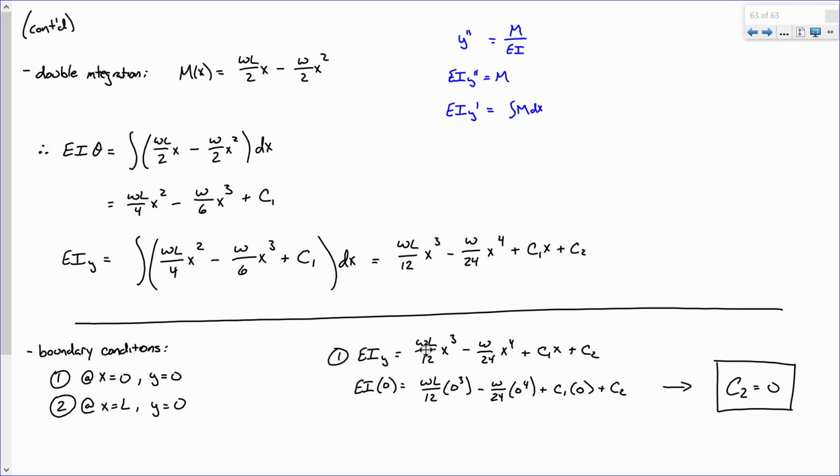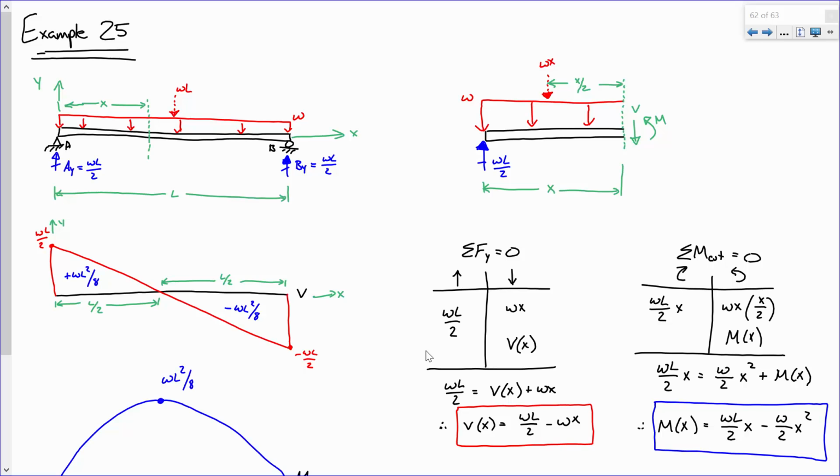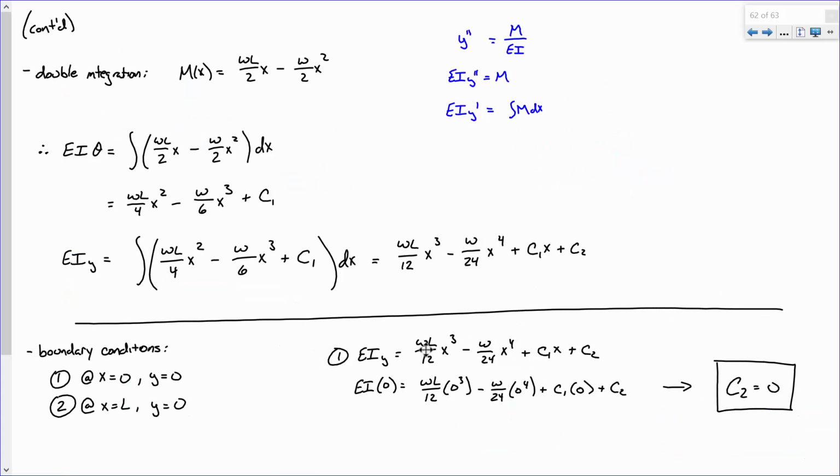Everybody good? Now the boundary conditions, that's the big one, okay? This is a simply supported beam. So I know that deflection here and deflection here is 0, right? This is the point where x equals 0. This is the point where x equals L. So here's how I get those two boundary conditions.